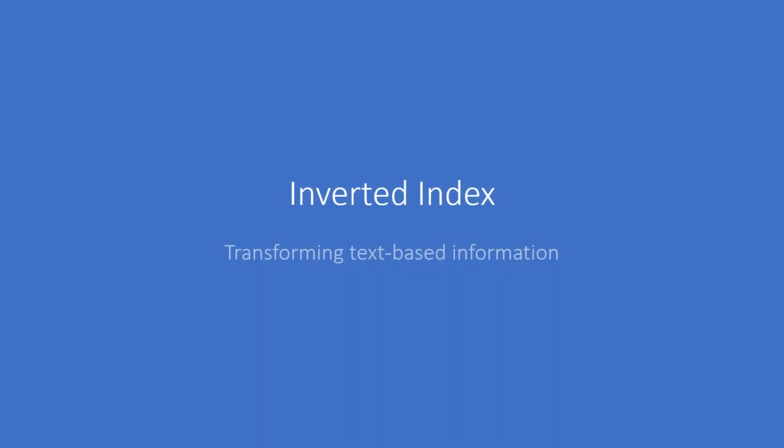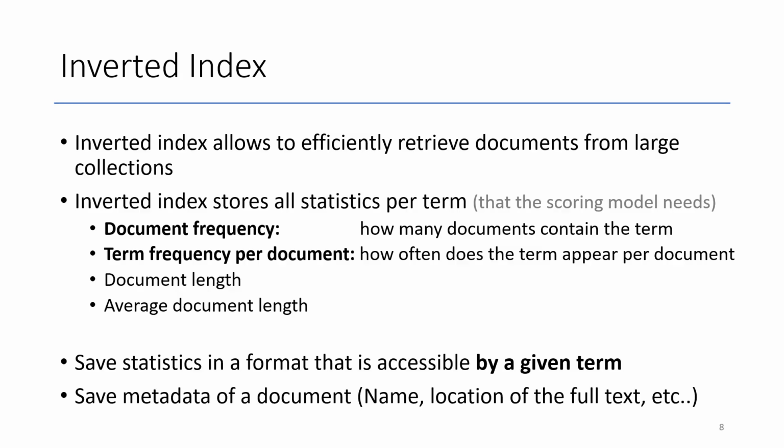This is done in an inverted index. Here we transform text-based information. The inverted index allows us to retrieve documents very efficiently from a very large collection.